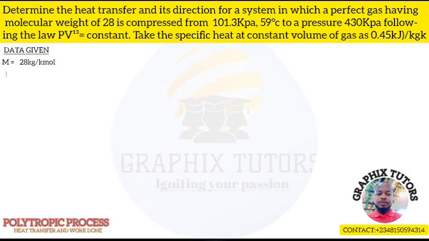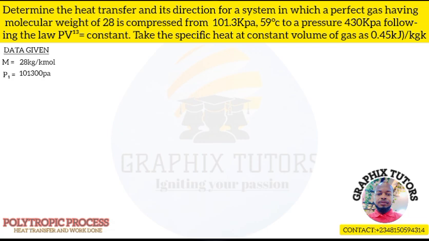So we have another data here, which is the initial pressure. We use P sub 1, which equals 101.3 kilopascal. We know the k there is kilo, and kilo means 1000, which is 10 to the power 3. So when you multiply 101.3 times 1000, you'll have 101,300 pascal, and we know pascal is essentially Newton per meter square.